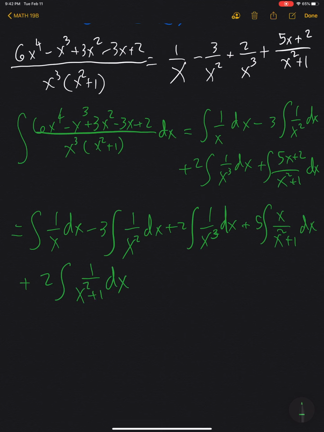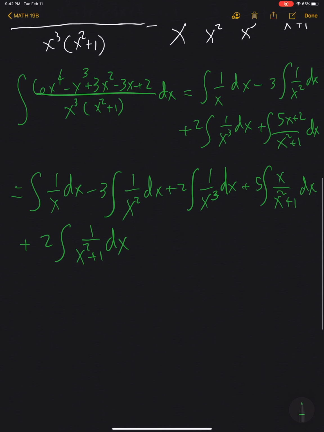Just separated the last integral into two. Now the first three are a logarithm, a power rule, and a power rule respectively. The integral that we have over here is going to be a u substitution. And the very last one, we can recognize as the derivative of arctangent. So that integral will end up being the arctangent of something.